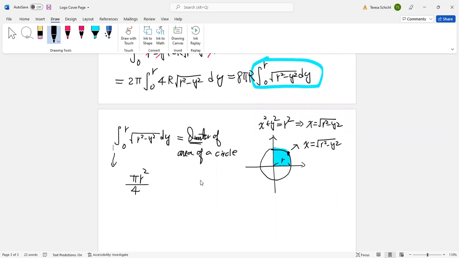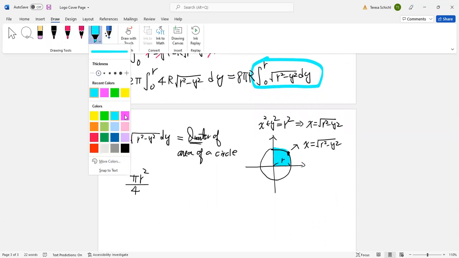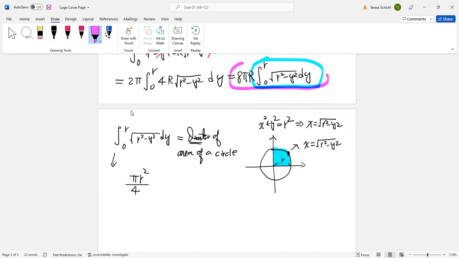Now let's substitute back to what we just found. The volume here is 2 pi capital R, then this one is the integral from 0 to r of the square root of r squared minus y squared dy. I know this is just a quarter of the area.